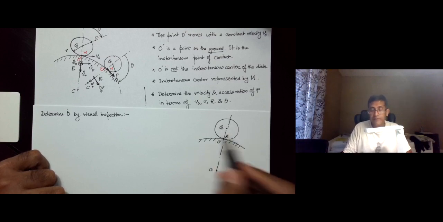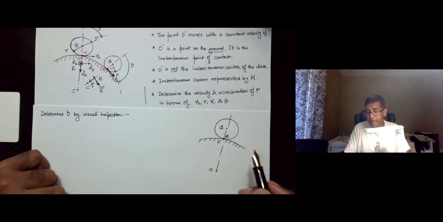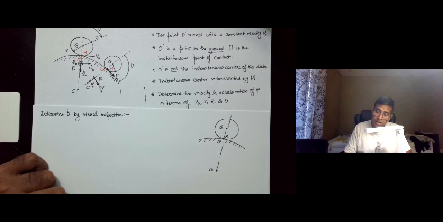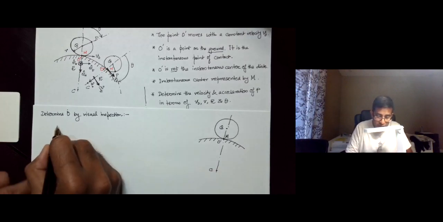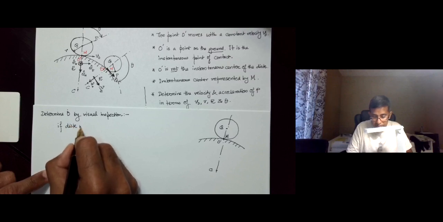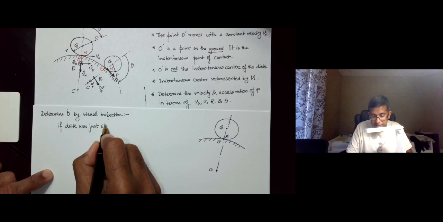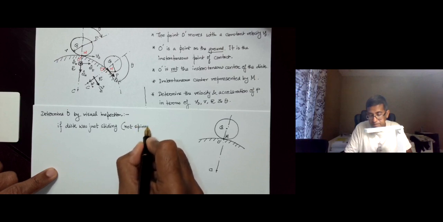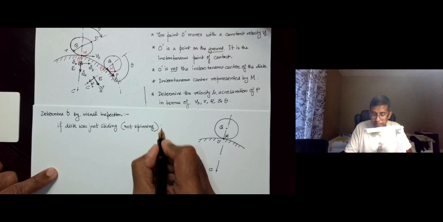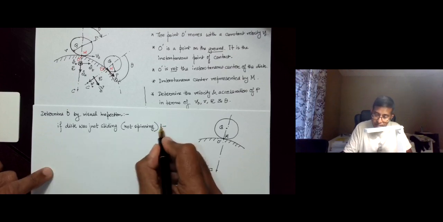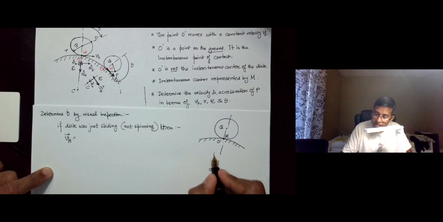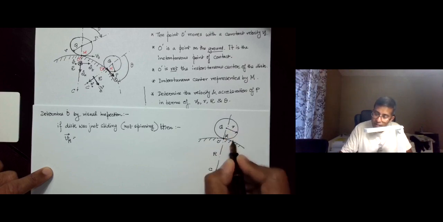Now, if the disk was not spinning and was just sliding on the surface, then the velocity of M would be equal to, see, this is capital R, this is small r, and O has a velocity like this.